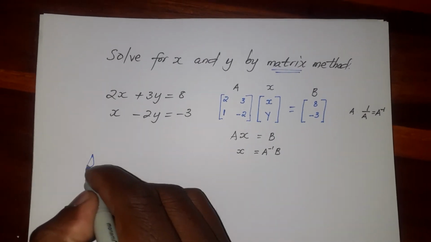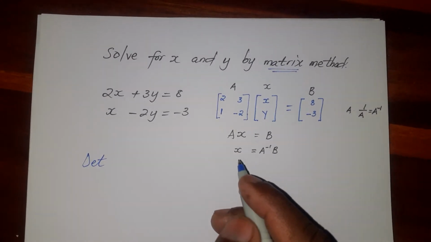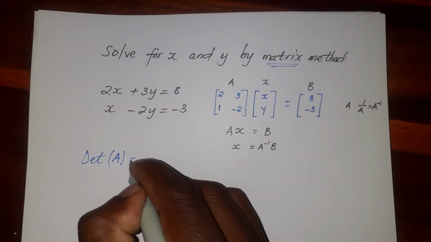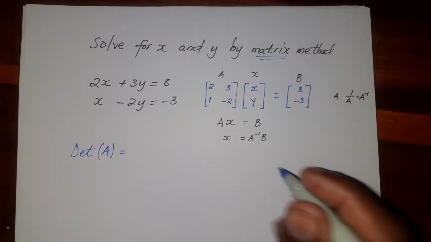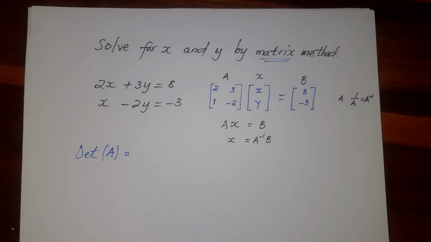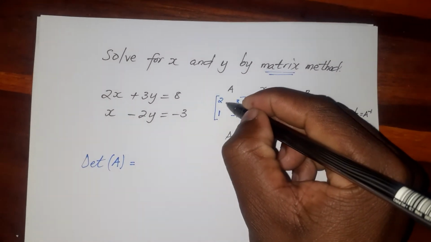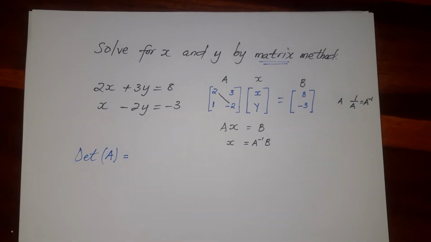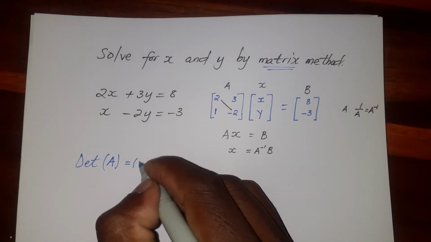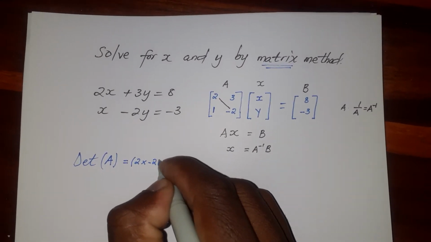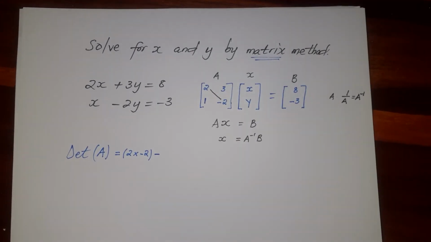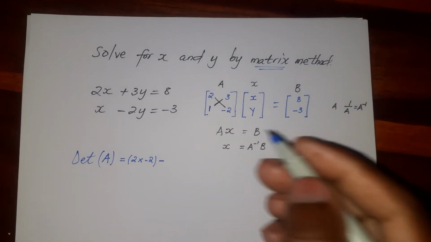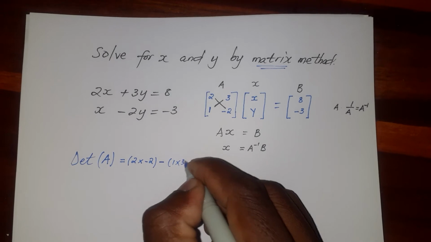We shorten the word determinant, so determinant of A equals, we multiply these two numbers first: 2 times negative 2, and then we subtract these two numbers, which is 1 times 3.